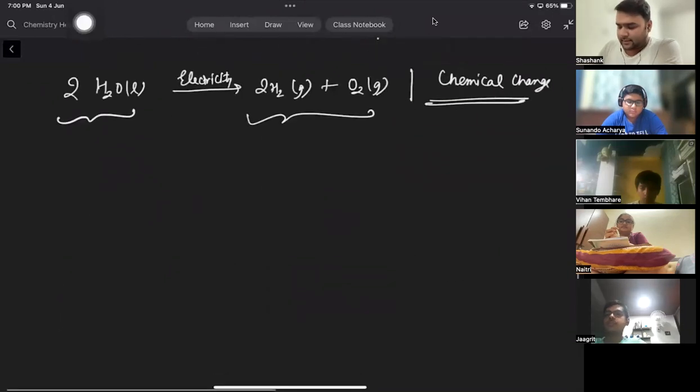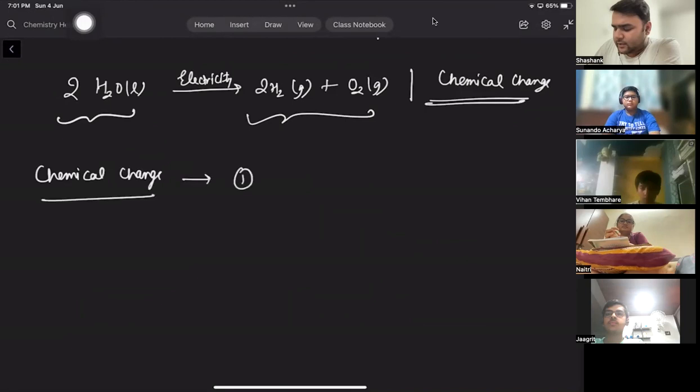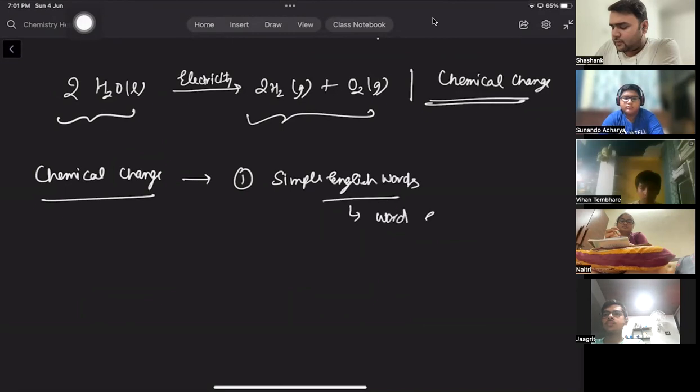Now comes the thing that when we talk about a chemical change in simple English words, we get a word equation.